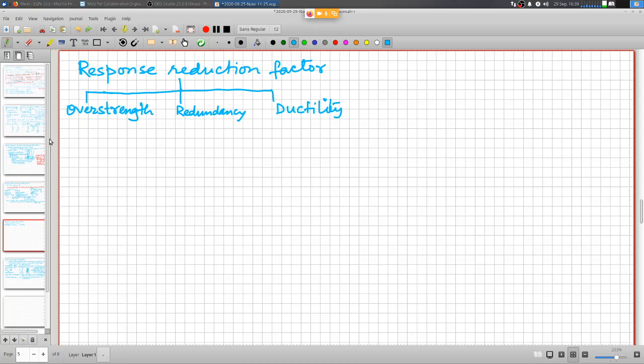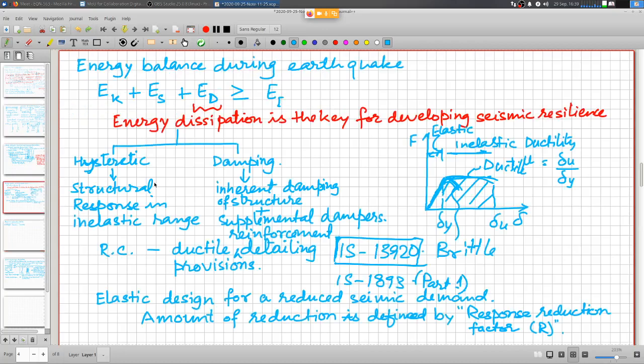So that is the redundancy. And finally the ductility. Even after the plastic hinge develops and the yield capacity has been achieved, instead of having a brittle failure like this, we would try to prolong this plateau, right?